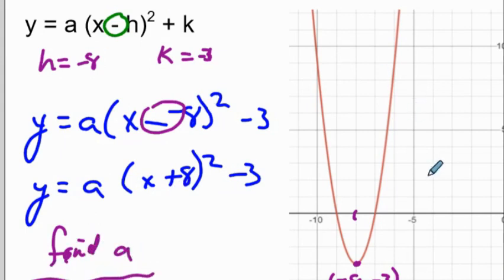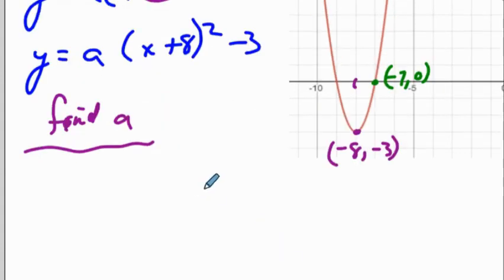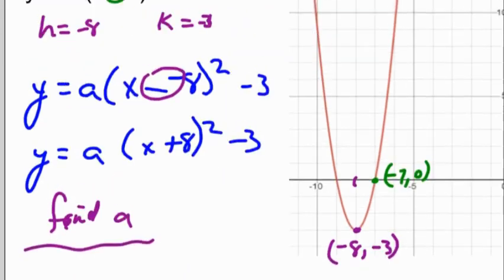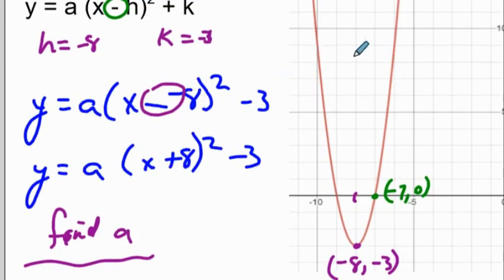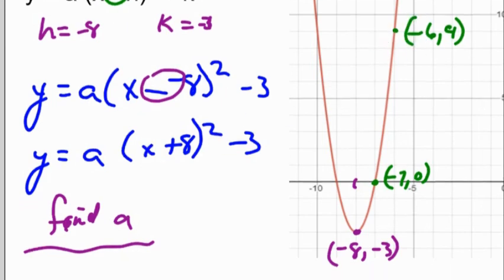So to do that, I'm going to find any point. Oh, I like that point right there. That's a nice, easy point. That is negative 7, comma 0. Okay, so maybe I should take a harder point. How about that point right there? Sure, let's take a harder point. So that one's going to be negative 6, comma 9. Once again, any point that we know the exact coordinates of, we're going to do.